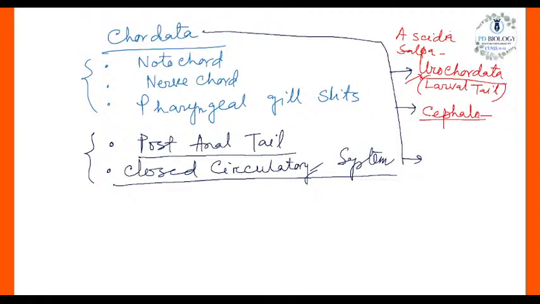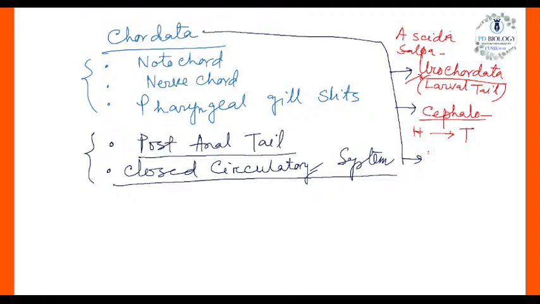Exclusively marine, and their notochord extends from head to tail region and persists throughout their life. The Amphioxus, the lanceolate, Branchiostoma lanceolatum is the example of cephalochordate.